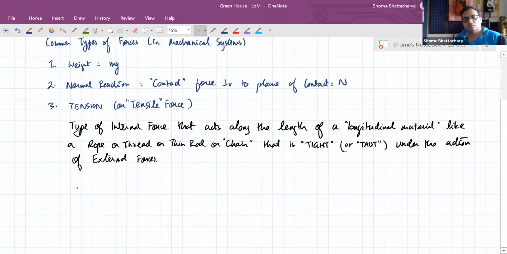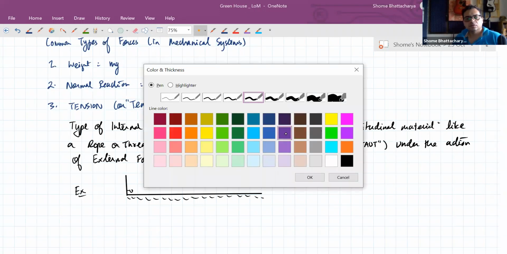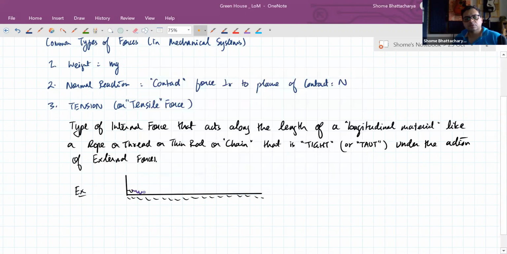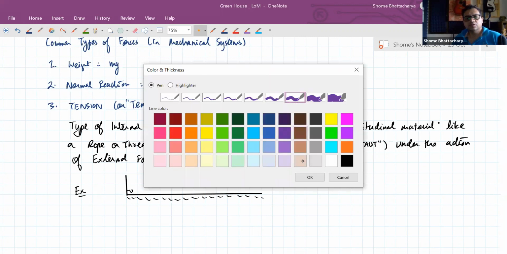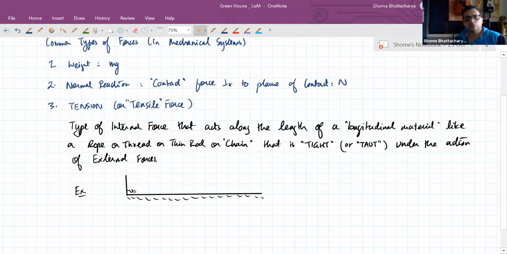So for example, we have a situation like this: we have a smooth horizontal surface, a smooth floor, and a wall on this side. Through a hook we have attached a rope, but that rope is lying loosely on the ground right now because there is no force from the other side.